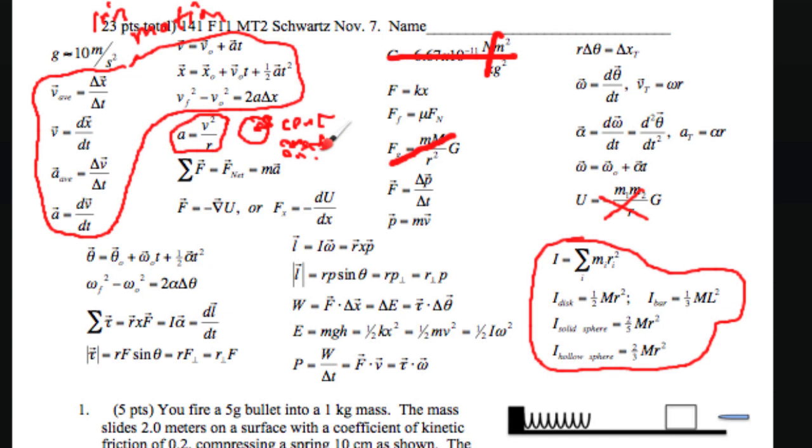I said it was constant circular velocity, so maybe I should say constant speed. The magnitude of the velocity is the same, and that causes the centripetal acceleration. This, for example, is the case of the force. This should be F equals negative kx, I think. This is the force of a spring.